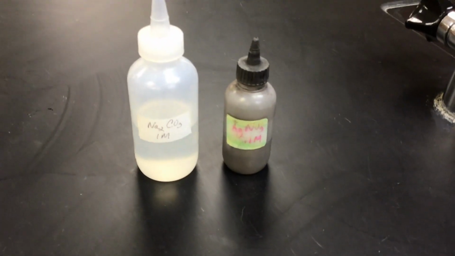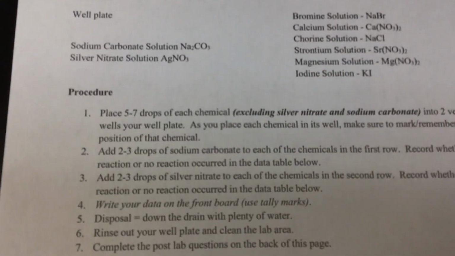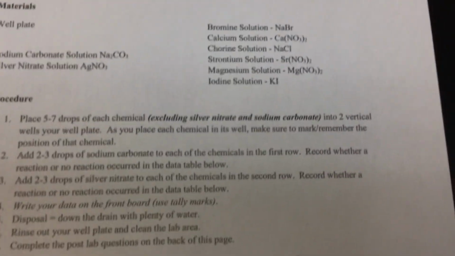Okay. Now we're going to test each of the solutions with these 2 things. We'll first test with sodium carbonate, which is this one. And it says that I should be placing 2 to 3 drops of sodium carbonate into each of the chemicals in the first, I say row, but really it's column. So here I go.